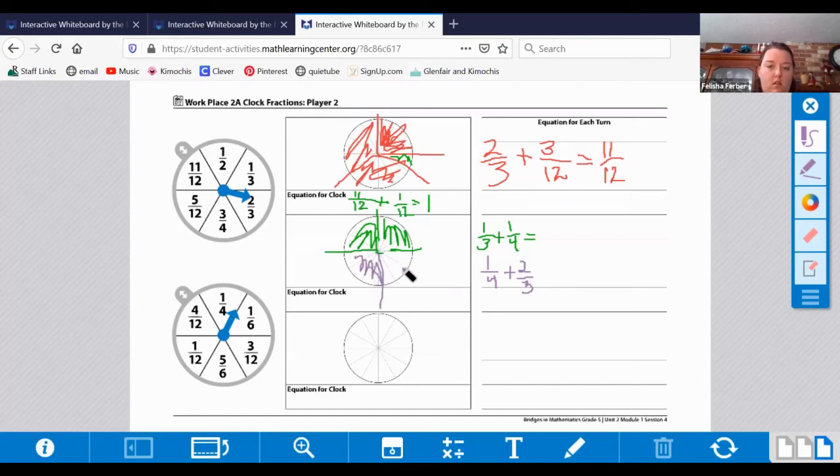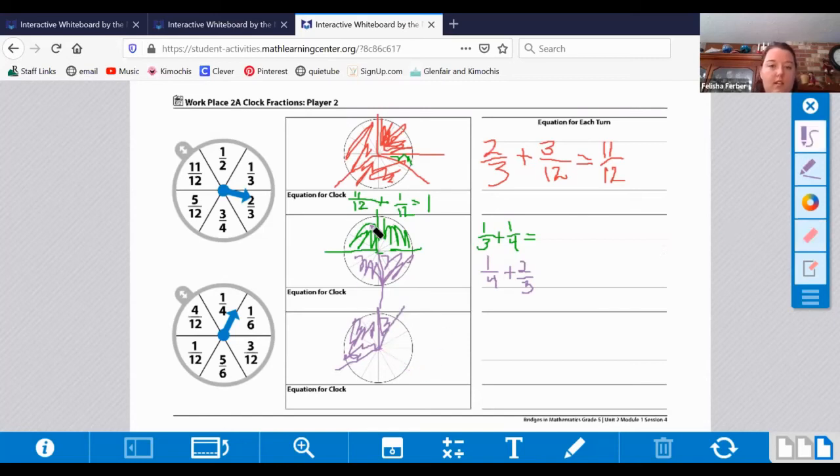All right, well, here's a 3rd, there's a 3rd, and there's a 3rd. So I have 3 left. So I can color 1 in. So there's 1/3, and here's 2/3. I'm going to extend this line out so that I can see when I come back.